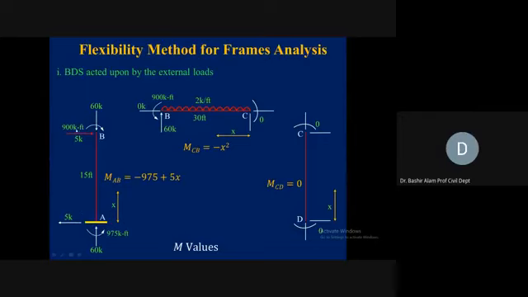Now moment: we have 900 in the clockwise direction and 5 times 15, which is also causing clockwise. So 5 times 15 is 75, and 75 plus 900 is 975, which is balanced by this 975 here. So this member is also analyzed and is in equilibrium.